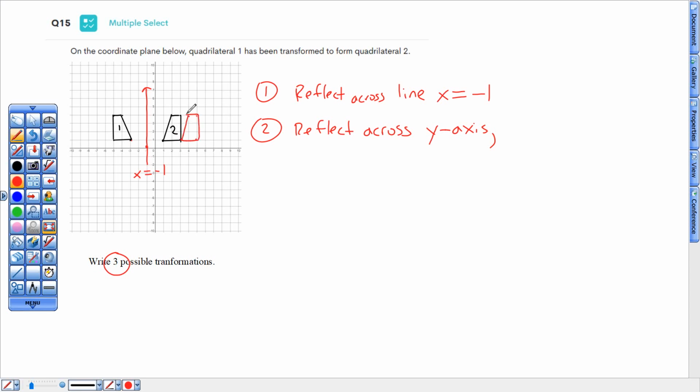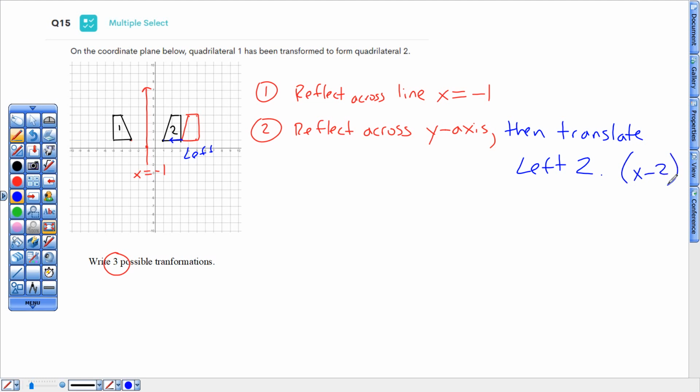And then from here to here, I'm having to move it 2 boxes to the left. Translate left, get the direction right, 2. If you want to get fancy, that's x minus 2.